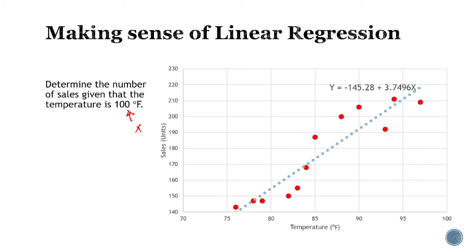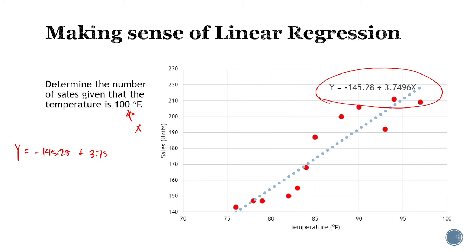So, basically, ang gagawin lang natin, we will be using this formula. In that formula, we have there the value of y which is unknown. Then we'll have there our y-intercept which is equal to negative 145.28 plus 3.75 na lang gamitin natin.